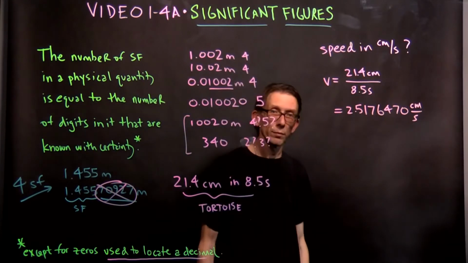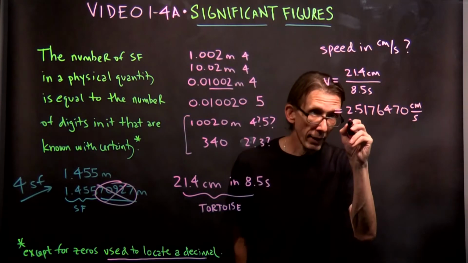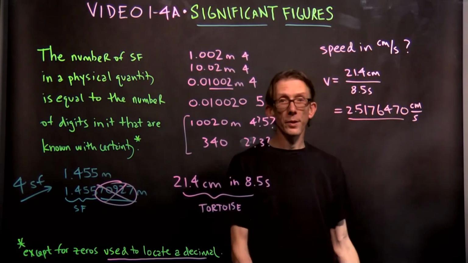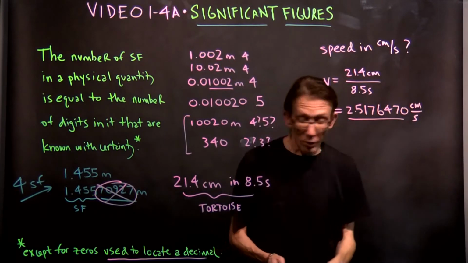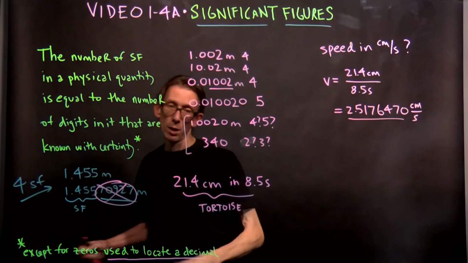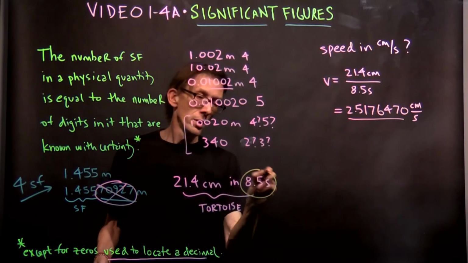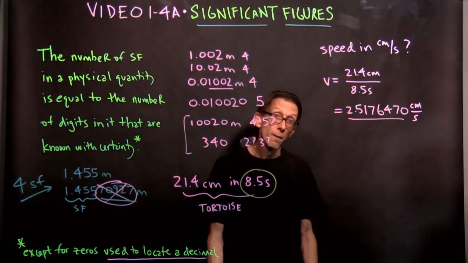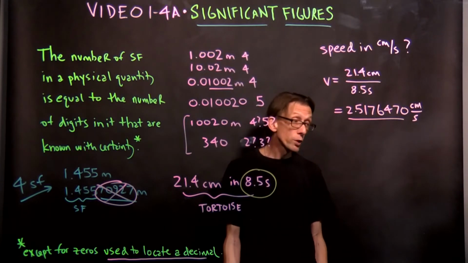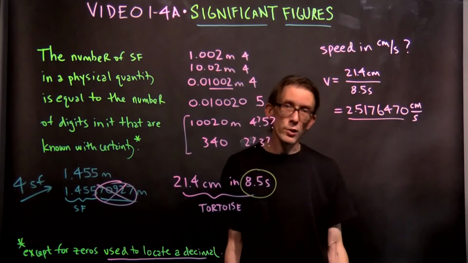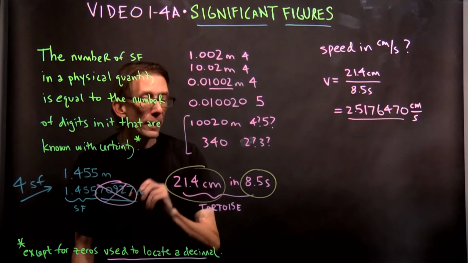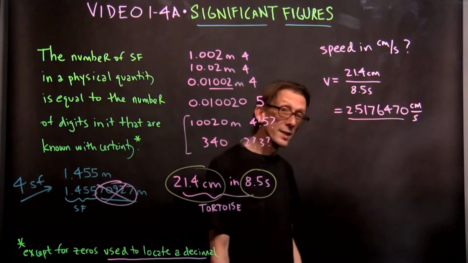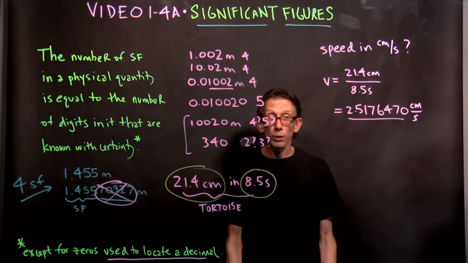Now, that is a lot of figures, right? We were given 2 significant figures for the time that the tortoise was running, walking, strolling, moseying, and we were given 3 significant figures for the distance that the tortoise walked.